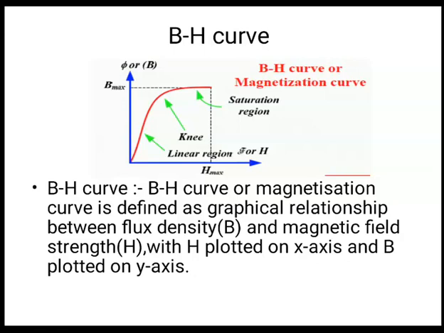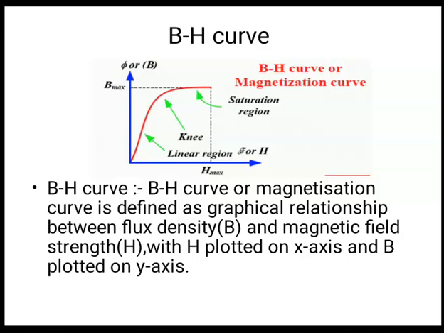What do you mean by saturate? It is neither increasing nor decreasing. It is constant after the knee point. So the BH curve or magnetization curve is defined as a graphical relationship between the flux density B and magnetic field strength H, with H plotted on the x-axis and B plotted on the y-axis. This is the simple definition of the BH curve.